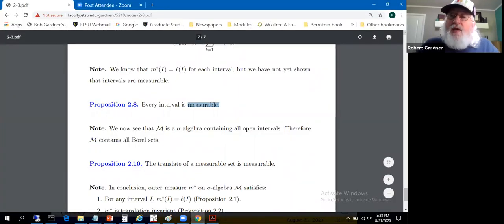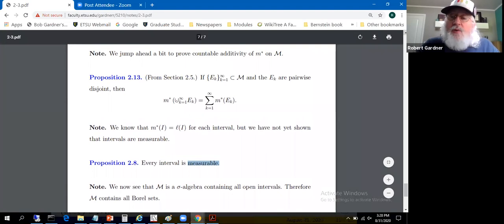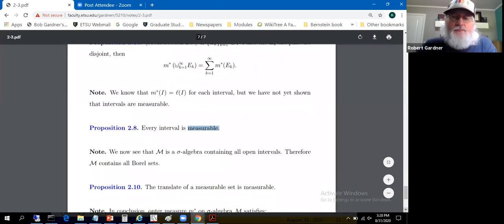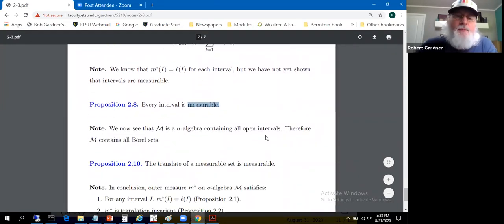Before we read the next little sentence, what do you know is measurable? Sets of outer measure 0 and their complements. Oh, and intervals now. Now we know intervals are measurable. In particular, open intervals are measurable.